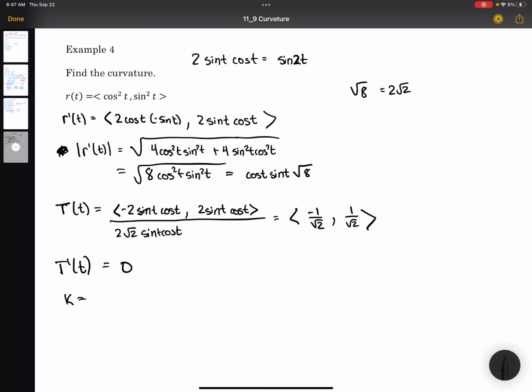And so the curvature is going to be 0 divided by 2 root 2 cosine t sine t. That doesn't actually matter when the numerator is 0. All right, so that is curvature using derivatives. There's a way that we can do this using cross products and some powers of the velocity vector. We'll do that in the second video.